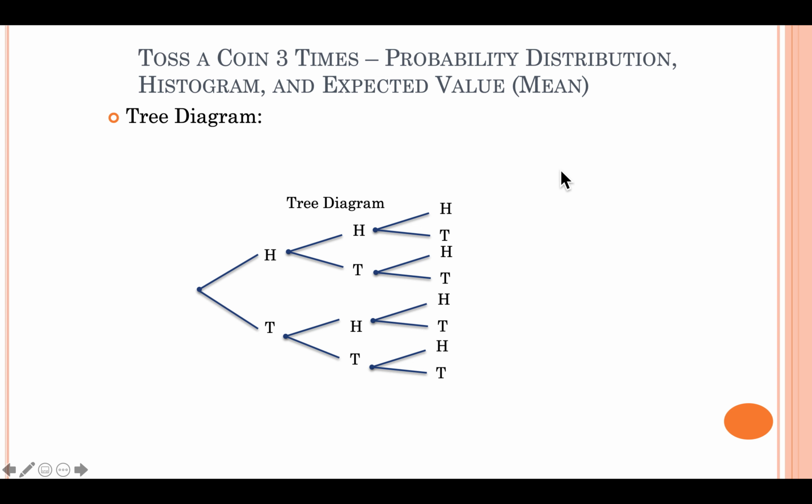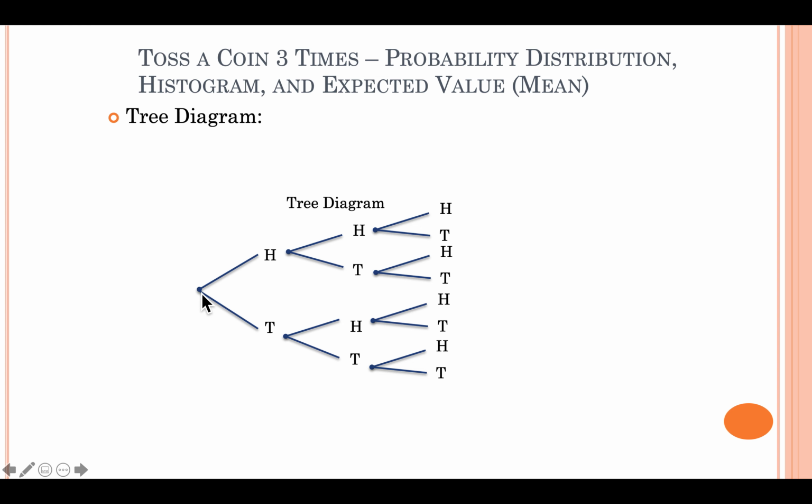We're going to build our list of outcomes to the right here. The first set of outcomes are going to be heads, heads, heads, and we'll list that first. And then heads, heads, tails. Then heads, tails, heads. Then heads, tails, tails, and so forth. And then we would do the same thing with these branches down here.